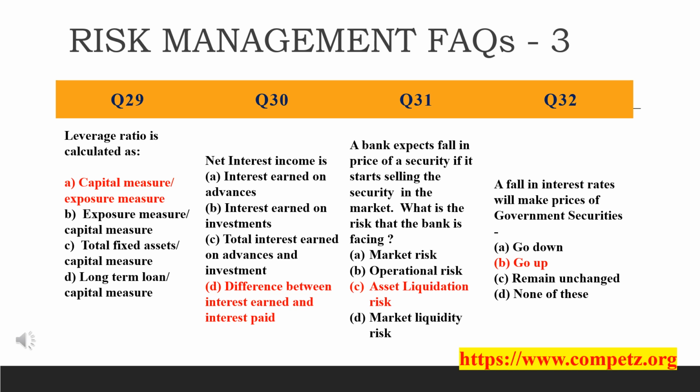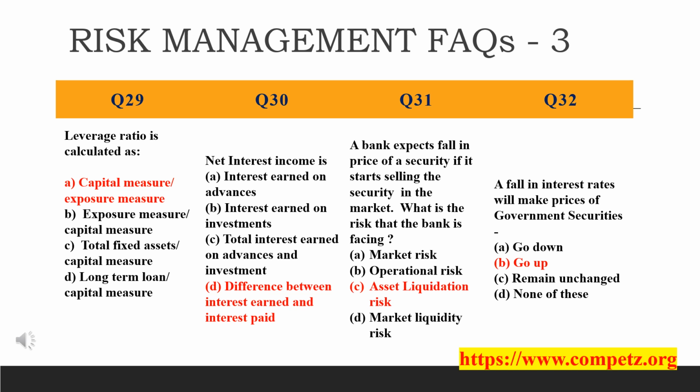Second comes the next one, net interest income. They have already given 4 options here. In the exam, I am telling you, the answer is the one highlighted in red color. Don't only see the answer; after that, see why the answer is that.